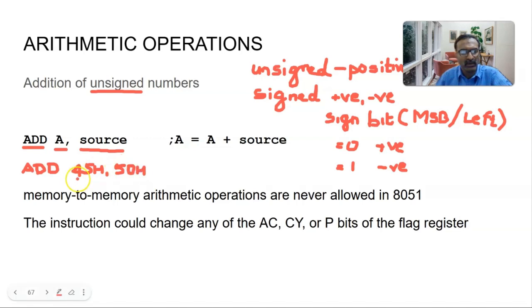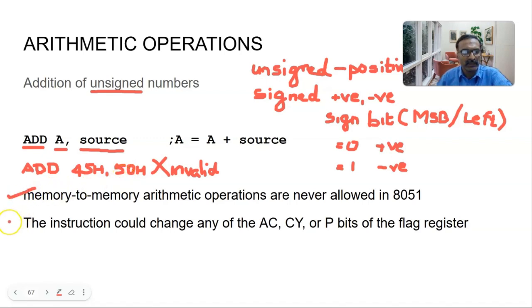It means that 45 and 50 are memory locations, and whatever data is in 50, you add it with the data in 45 and store the result in 45. Now this is a totally invalid instruction in 8051. You cannot do memory to memory addition or arithmetic operations. That is the first point.